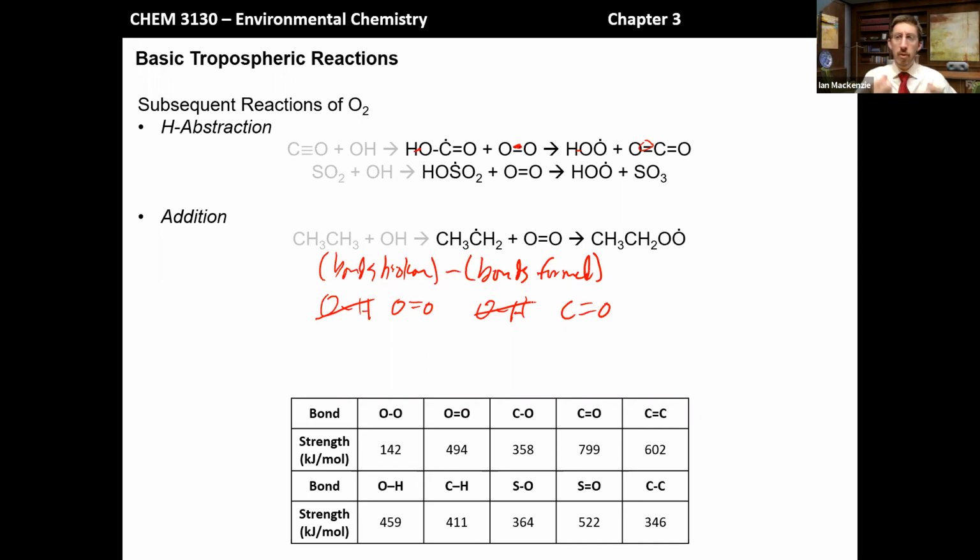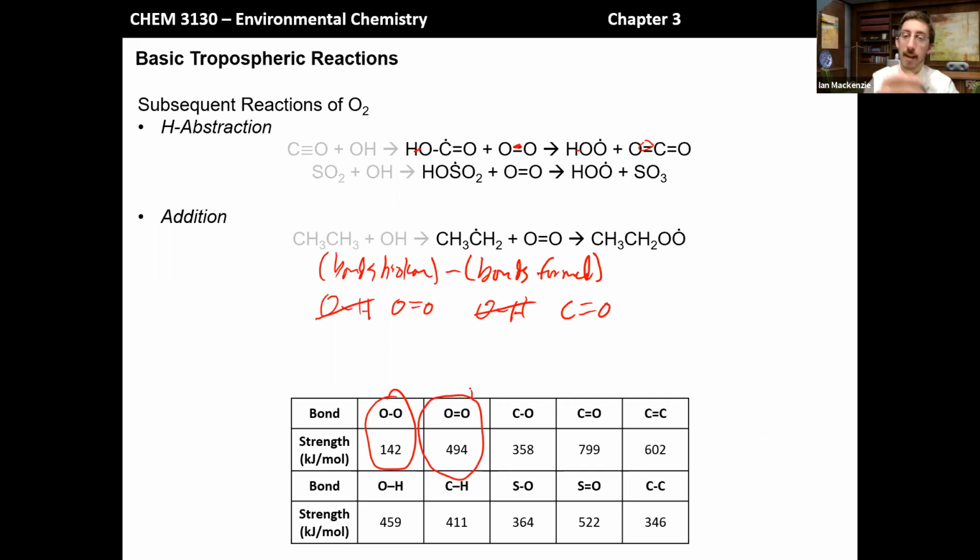Well, what I can do is estimate it using the information for breaking those bonds completely. So if I look at the oxygen-oxygen double bond, if I want to get an estimate for just the strength of that second bond in the double bond, I can get that just by subtracting the strength of a single bond from the strength of both bonds together.